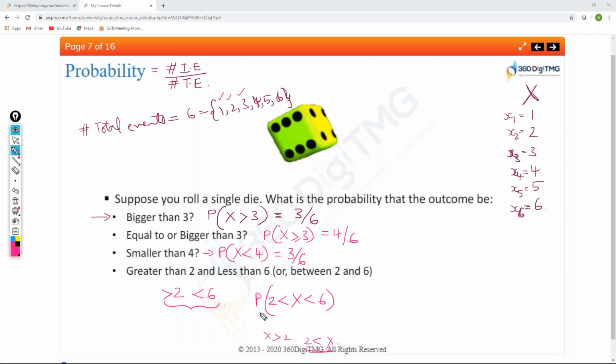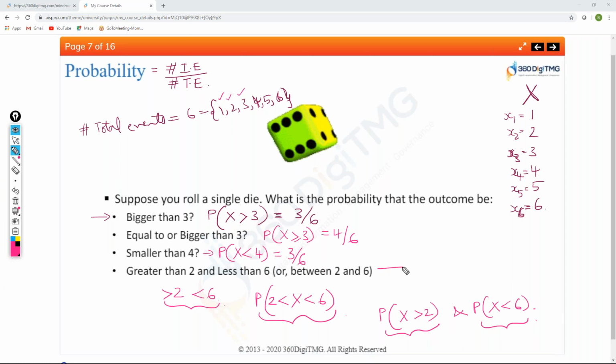This is how you write it. That notation is important because you can actually split this into 2. What is the probability that your variable is greater than 2, and the probability that your random variable, that's the roll of a die, is less than 6? You can either solve this and this separately and then add them up, that's left up to you.